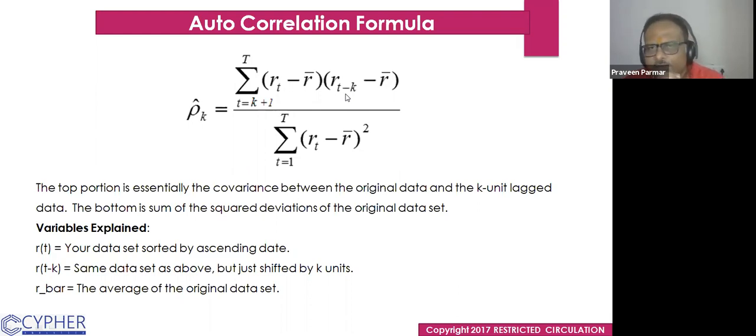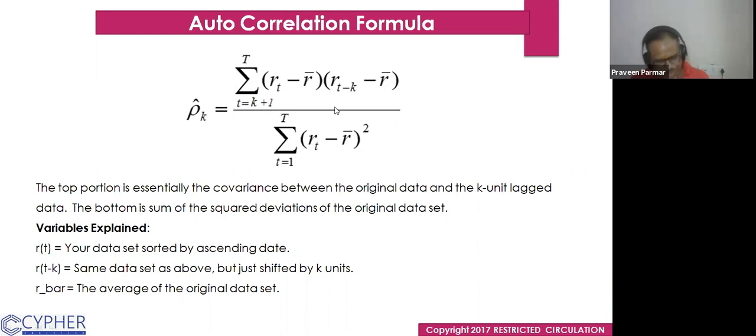So that is yt minus k minus y bar, the mean of the whole observations. And in the denominator, it is basically the variance, yt minus y bar squared.